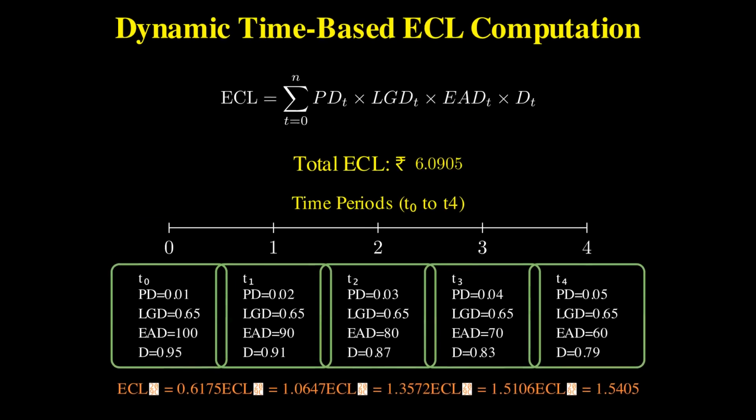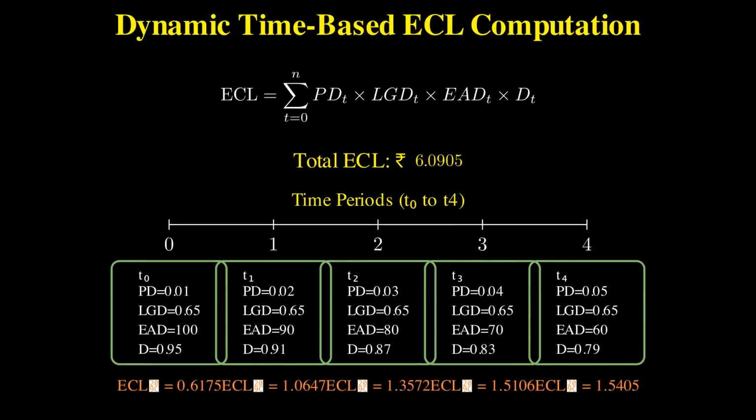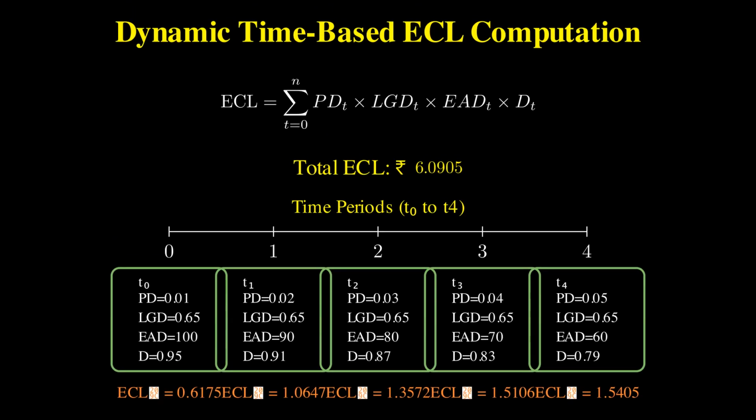As you go into the future, more and more such time periods are added and computation has to be done accordingly. This perfectly demonstrates how ECL will get impacted by changes in the economy and the life cycle of the asset under consideration.